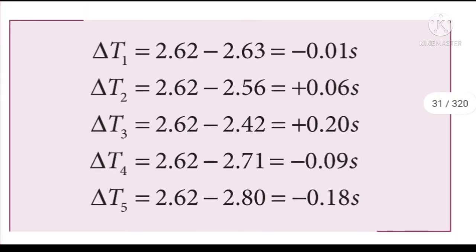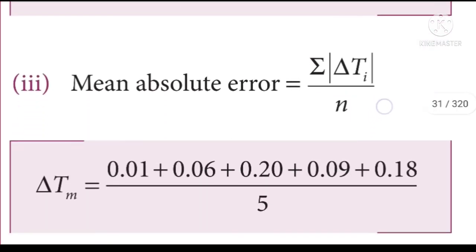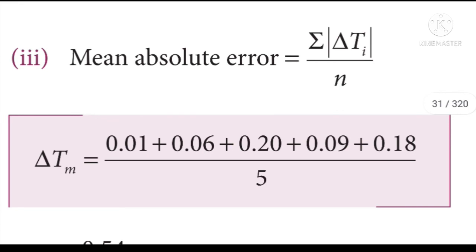Similarly, the absolute error of the fourth measured value is del T4 is equal to 2.62 minus 2.71, which is equal to minus 0.09 second. The absolute error of the fifth measured value is del T5 is equal to 2.62 minus 2.80, which is equal to minus 0.18 second. Next we have to calculate the mean absolute error.